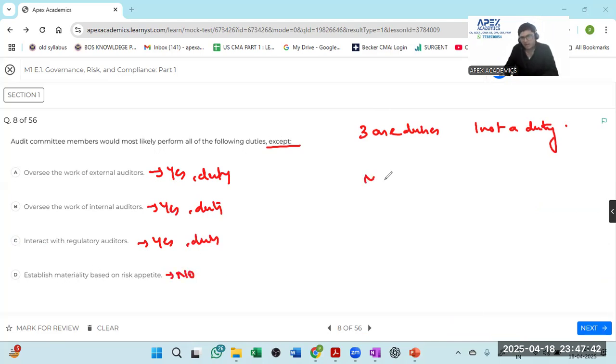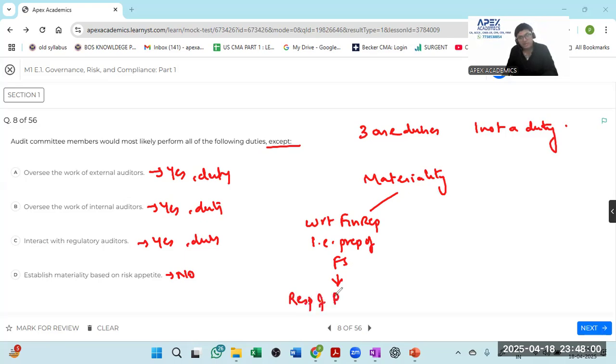No. I already clarified that materiality with respect to financial reporting, that is preparation of financial statements, is the responsibility of the board of directors and management who prepare the financial statements.